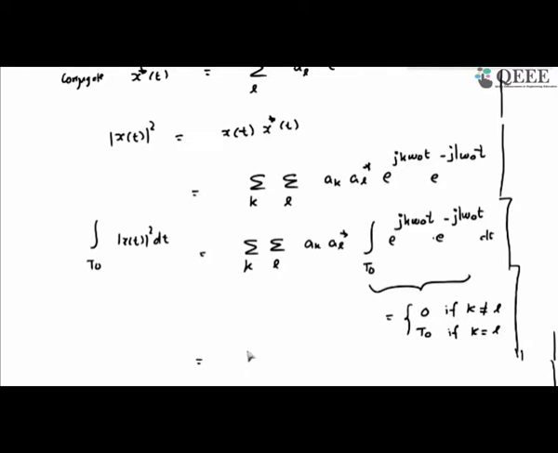So only when k and L are the same you have a k multiplied with a k star times T naught, because when L is not equal to k, then that integral is 0. So those terms are zeros. You have to include only those terms which are non-zero in the summation.